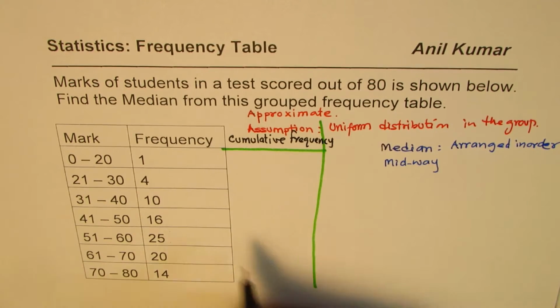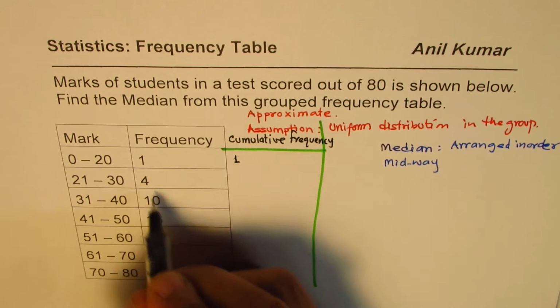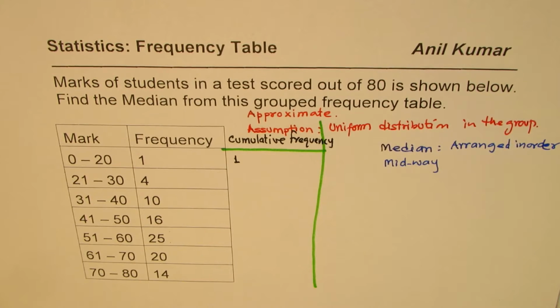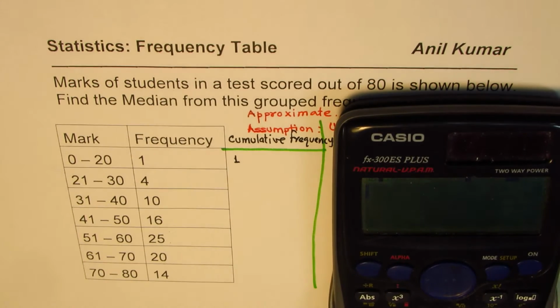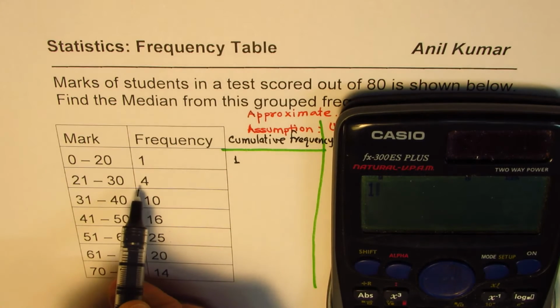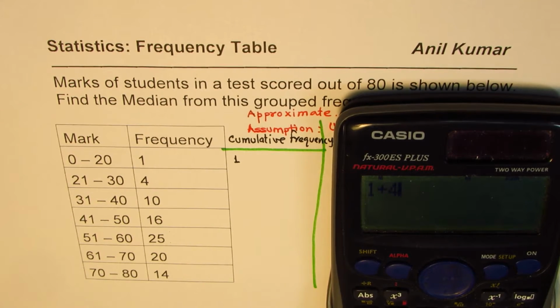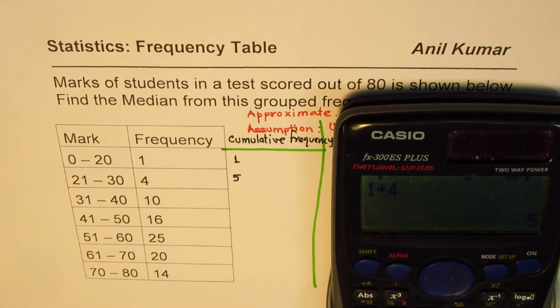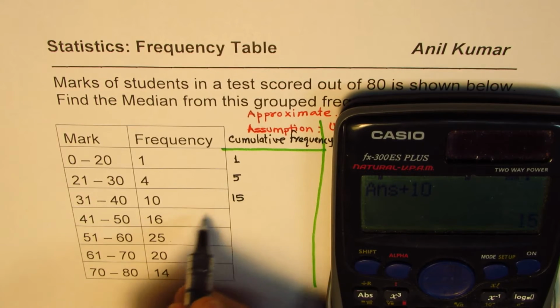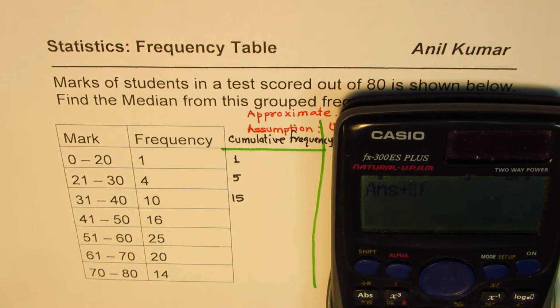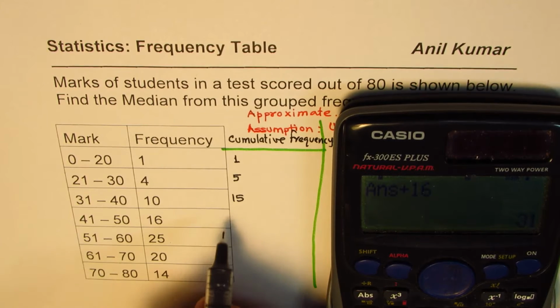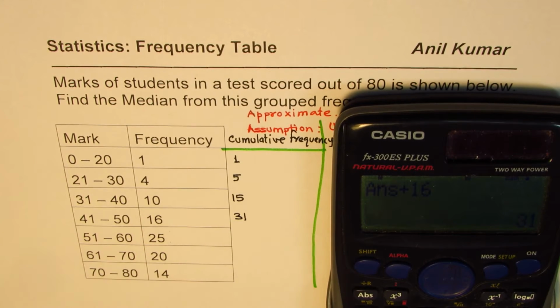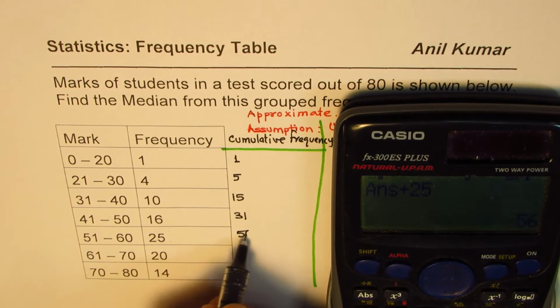The first one is 1, then we add 4, which is equal to 5, then we add 10, which is equal to 15, then we add 16, which is 31, then we add 25, which is 56.